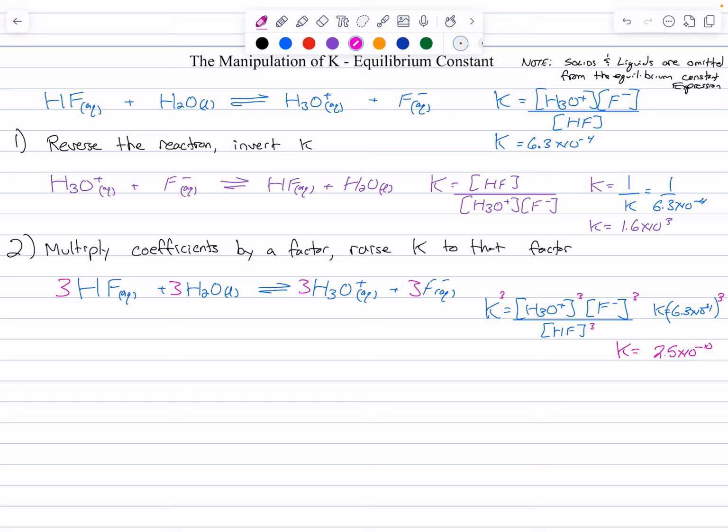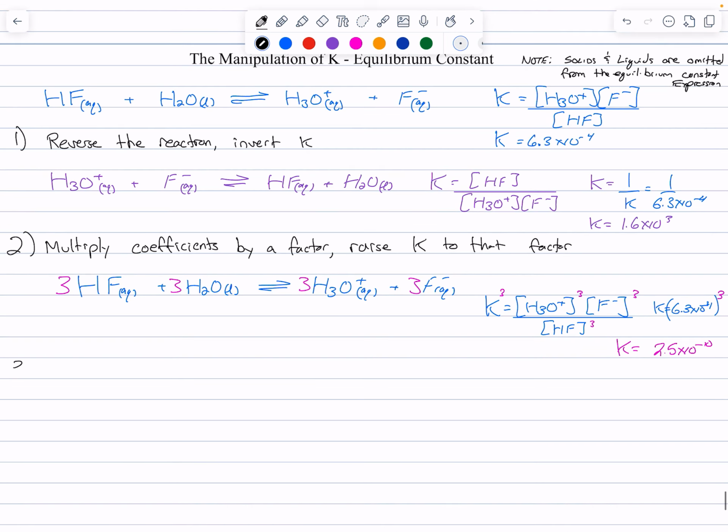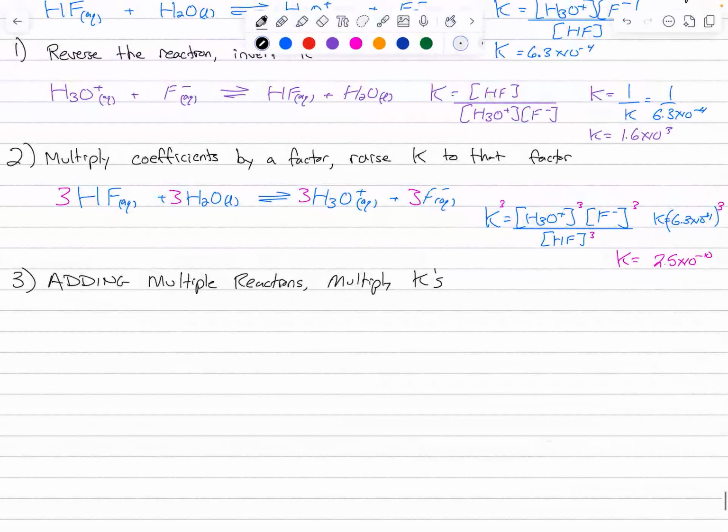So why would we do that, you might ask? Well, the third way to manipulate K is that if you're adding multiple reactions, you multiply the Ks.